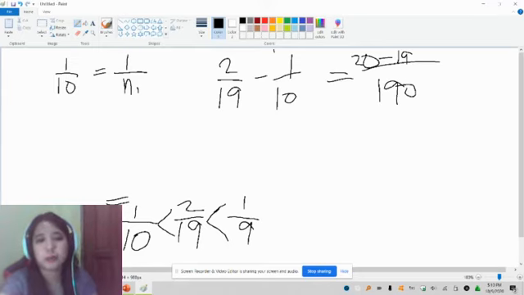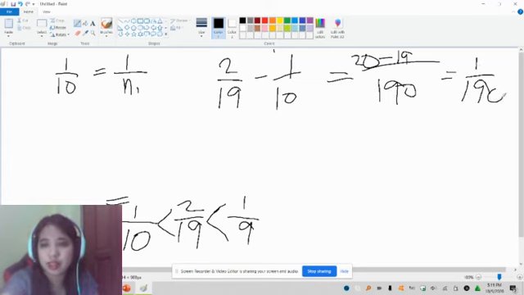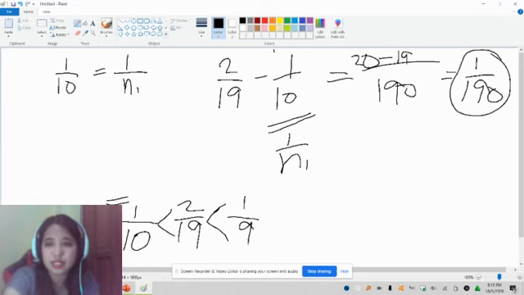You can multiply 19 times 10, and 190 divided by 19 is 10, times 2 is 20. 190 divided by 10 is 19, multiplied by 1 is 19. So this is equivalent to 1 over 190. So 1 over 10 is our 1 over n sub 1, and 1 over 190 is the value of a sub 1 over b sub 1.